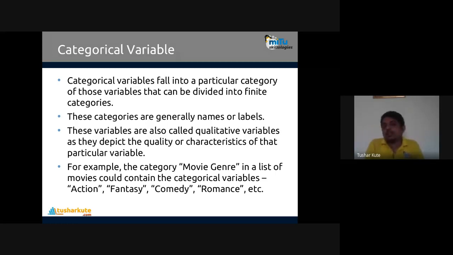Let's see that. A movie genre list could contain categorical values like action, fantasy, comedy, romance. 4 categories are present in this data. Or we have the atmosphere, which can be windy, rainy, sunny, and so on. So categories are there, and they are called categorical variables.